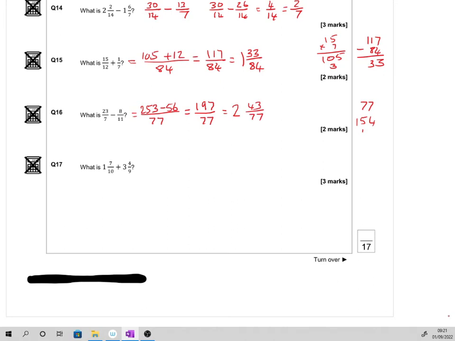Let's change this into a top heavy. So 17 over 10 plus 31 over 9, which equals something over 90. 9 times 17 is 153 minus, hang on, that will be 310.